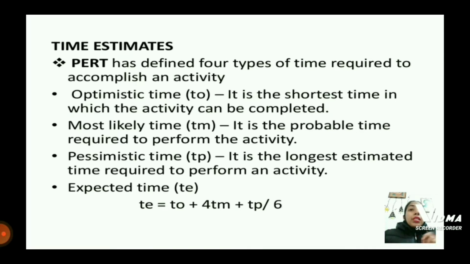Most likely time, TM, is the probable time required to perform the activity. Pessimistic time, TP, is the longest estimated time required to perform an activity. Then last comes the total expected time, which is calculated as TE equals optimistic time plus 4 times most likely time plus pessimistic time, divided by 6.